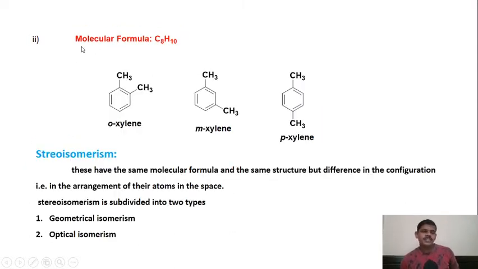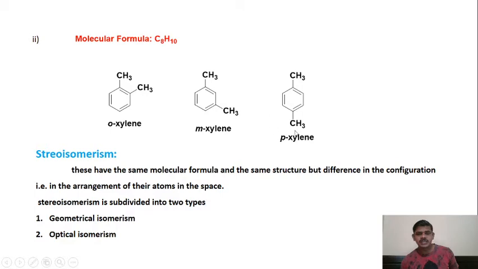Another example of this type is C8H10. Here the example is orthoxylene, two CH3 groups attached ortho to one another. Then again two CH3 groups attached to the aromatic ring at the meta position, so metaxylene.